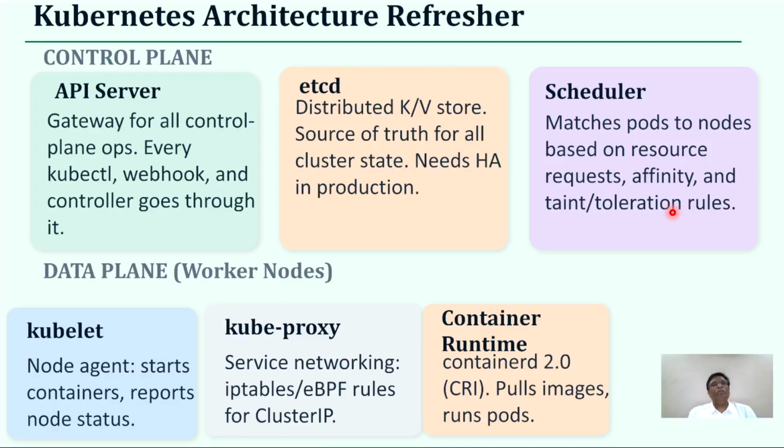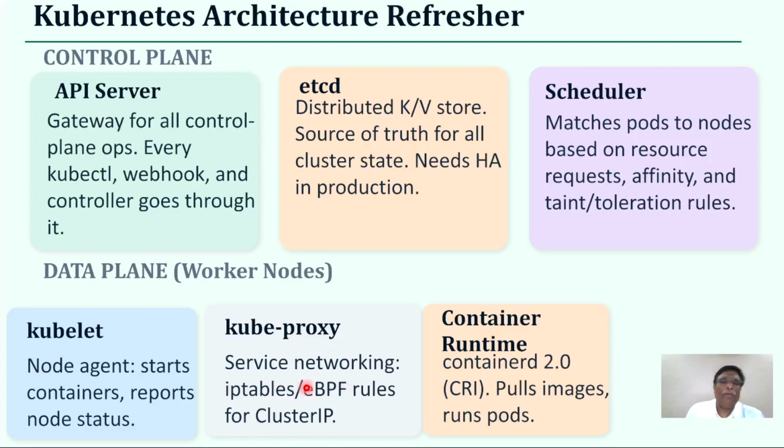And from the worker nodes point of view, or from the data plane, we told you that we will be having kubelet, kube proxy, and container runtime. So here the node agent starts the container, reports the node status. So kubelet does that. Kube proxy gives us the networking options, right?